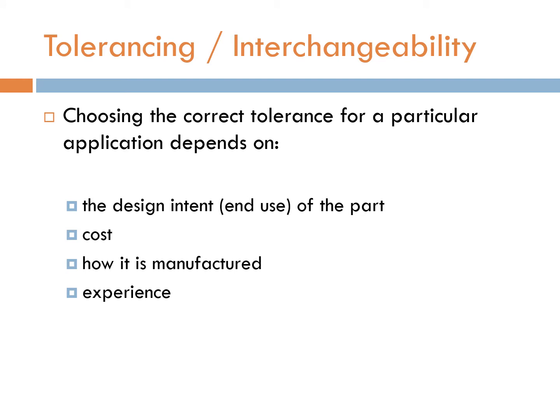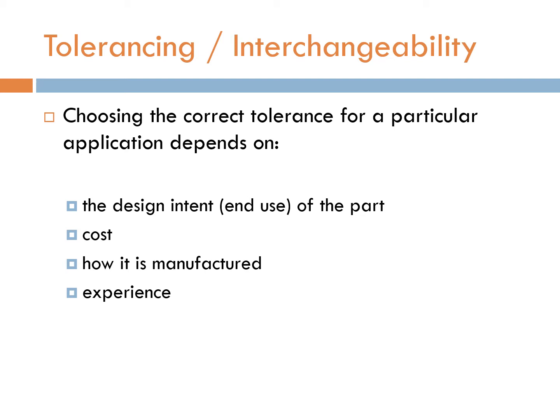Now, choosing a correct tolerance for a particular application depends on several things. As we just mentioned, the first thing is the purpose, the intended function that you want. Second is the cost. As we mentioned, the smaller the tolerance, the more the cost. And also, if you want to make it very precise, sometimes you have to use some very special manufacturing process, and that will be costly as well.